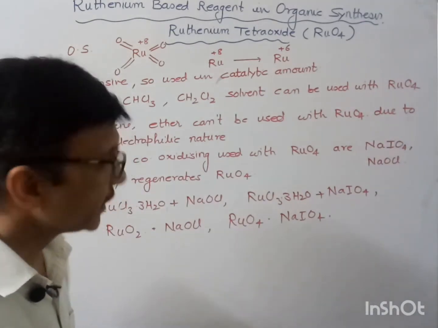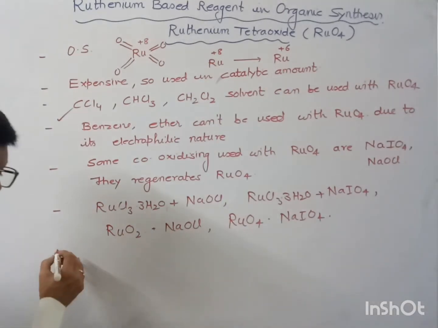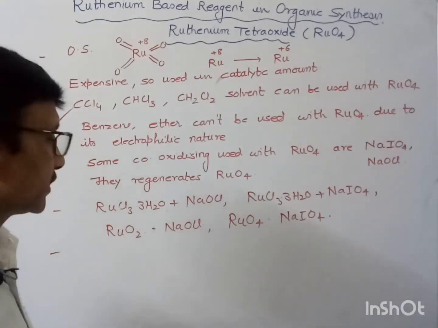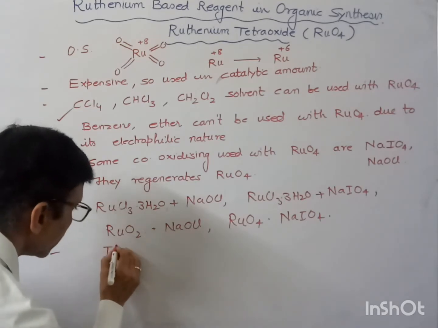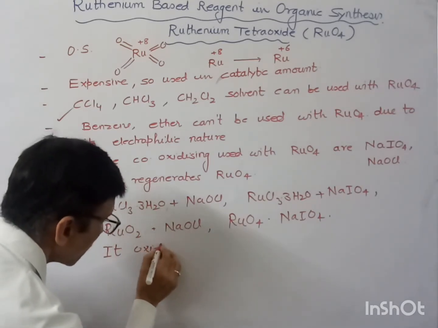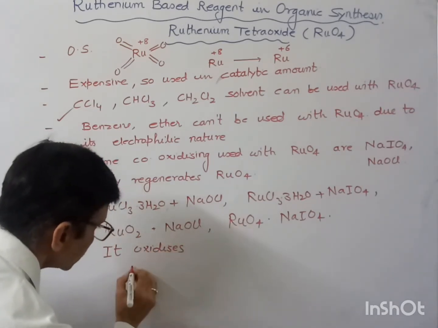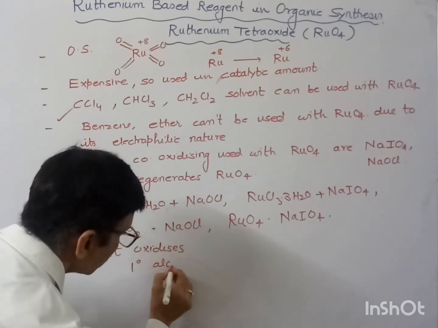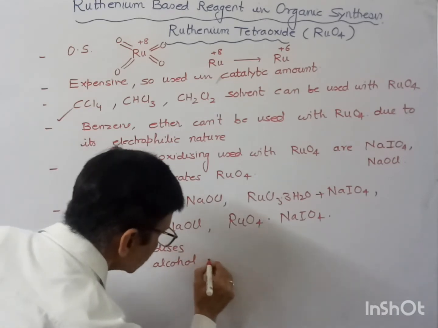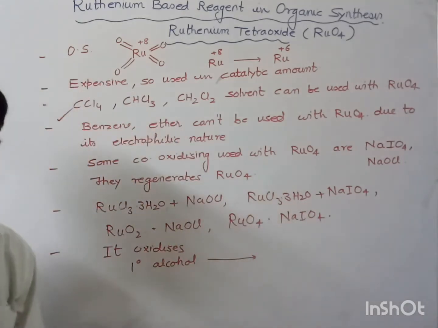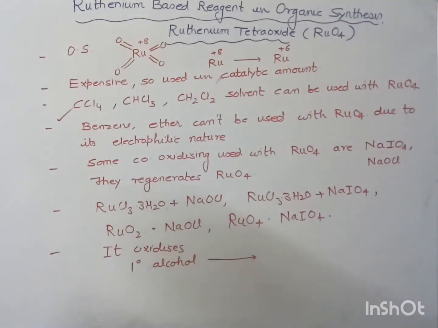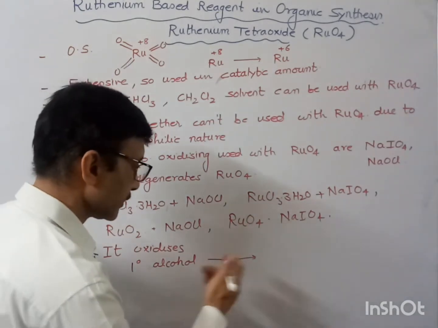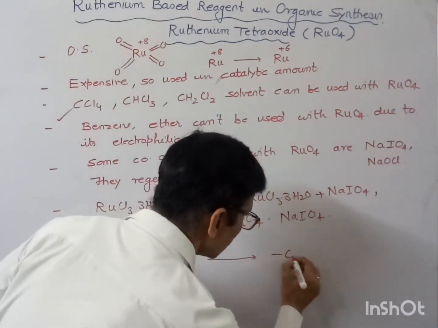Let's see what types of reactions it can oxidize. Primary alcohol is first oxidized to aldehyde, and finally after another oxidation it will be oxidized to acid.